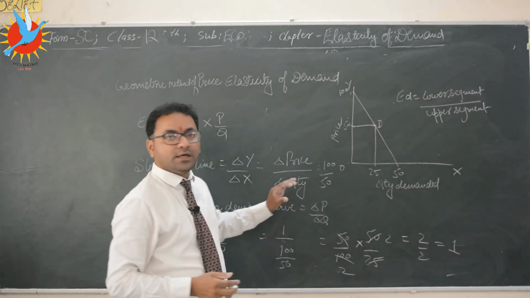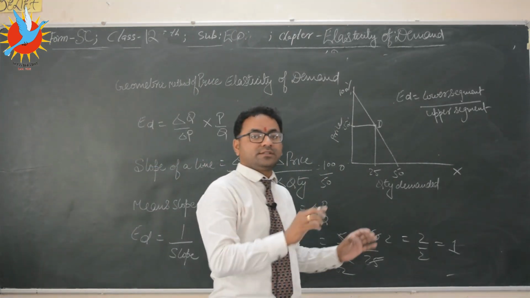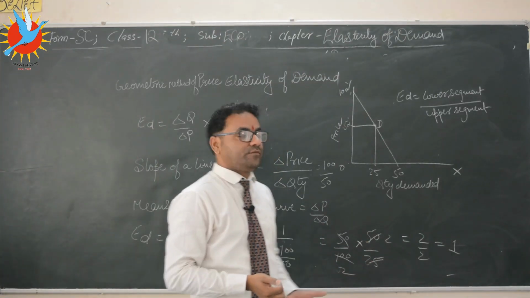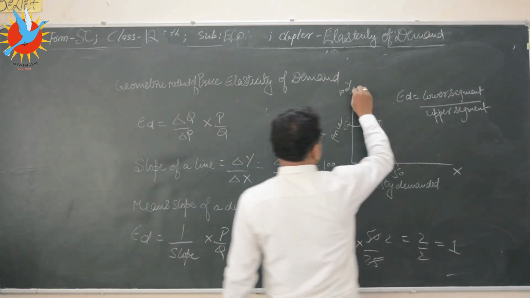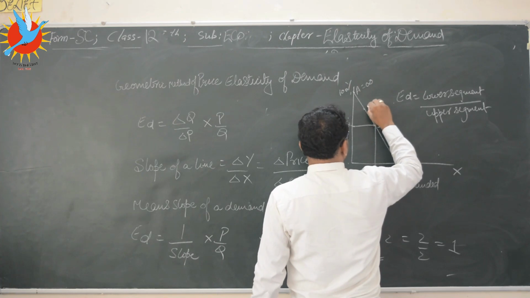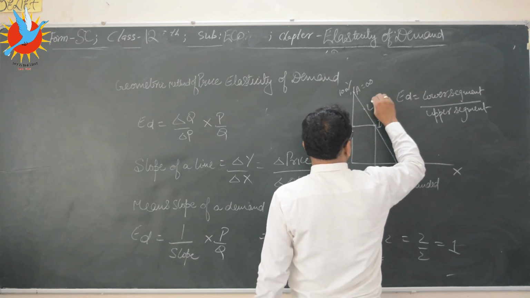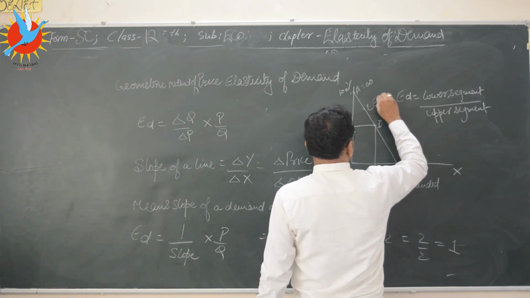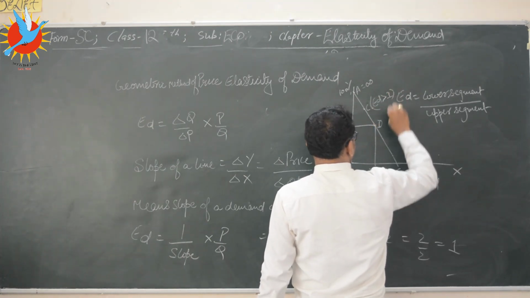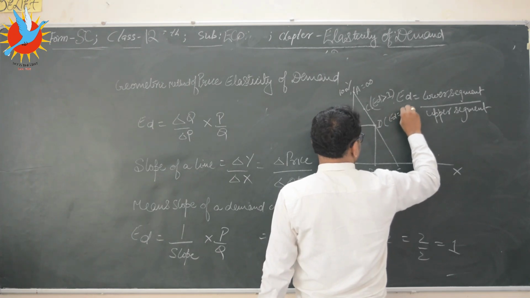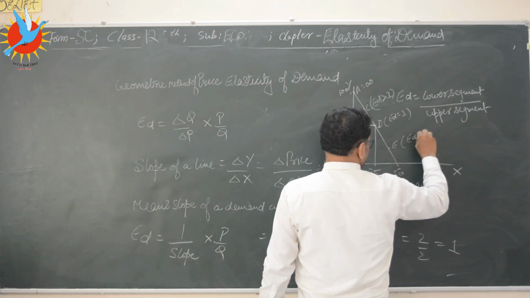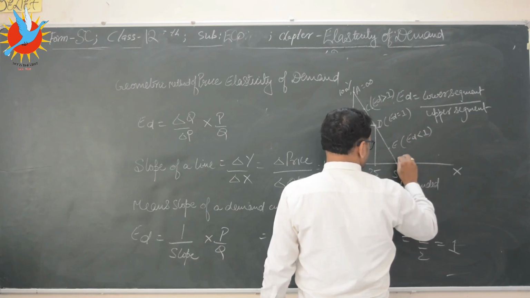Only difference is that in proportionate method we get the exact answer like 0.5, 0.8, 2, 2.53, 5, 10, etc. But here we get greater than 1, infinite, greater than 1, equal to 1, less than 1, and 0.